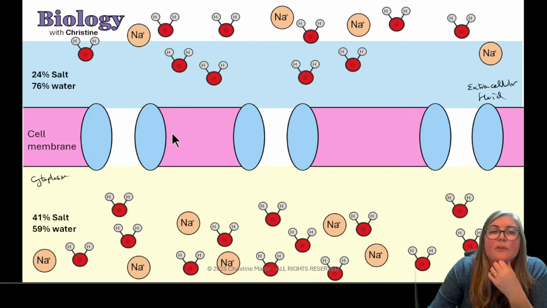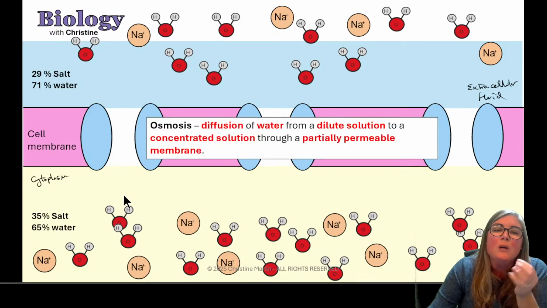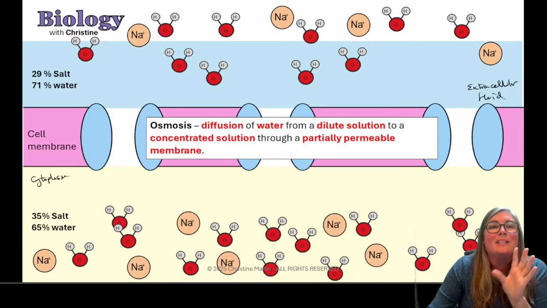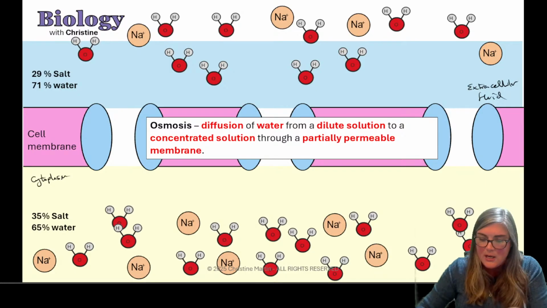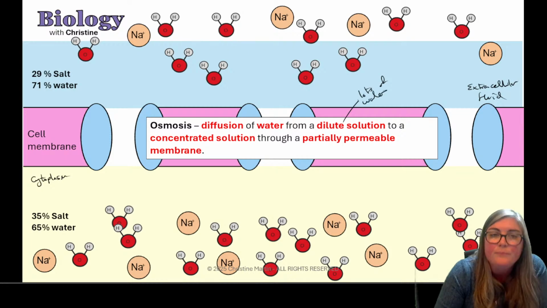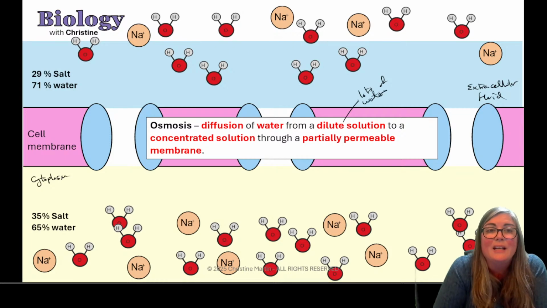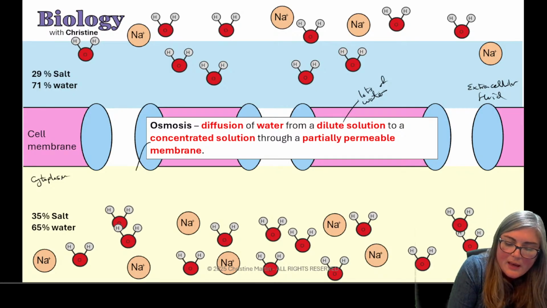So if we have water moving and it's going to go down the potential gradient, we need to talk about water as diffusing from a dilute solution. Now, a dilute solution, when we say this, we're talking about lots of water. If we have a dilute solution to a concentrated solution where we have less water.